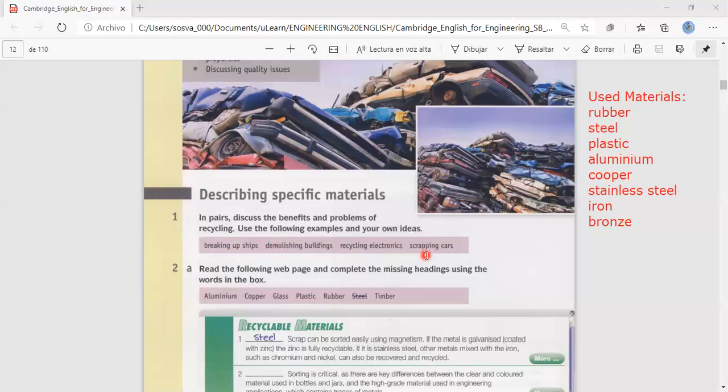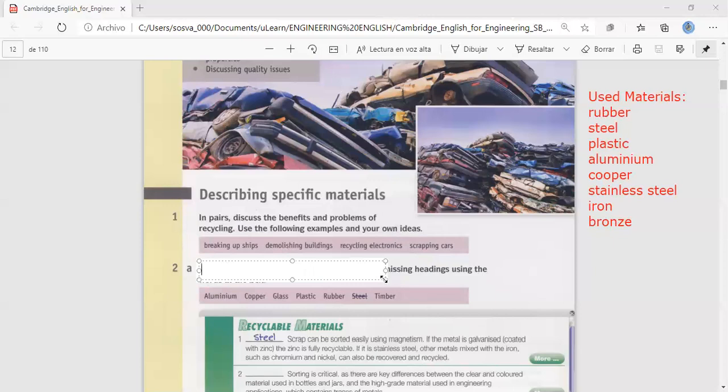And scrapping cars is also a good way to recycle because anyone is not going to use those cars anymore, so scrap them. Let me write here a little and decide about these four ideas.